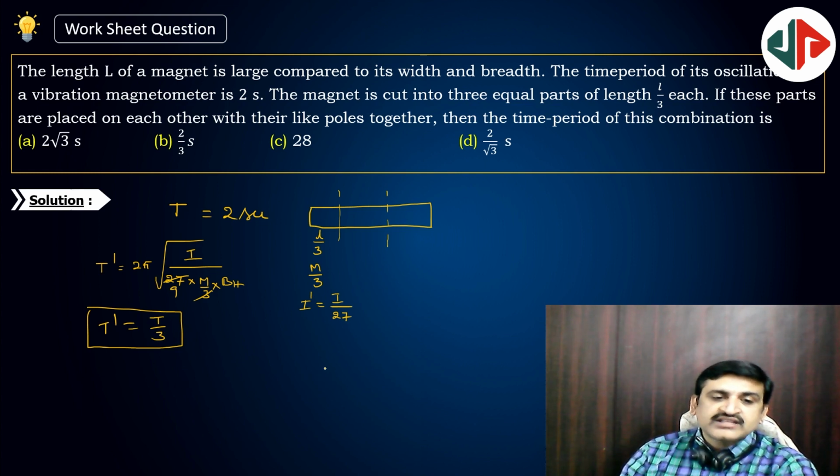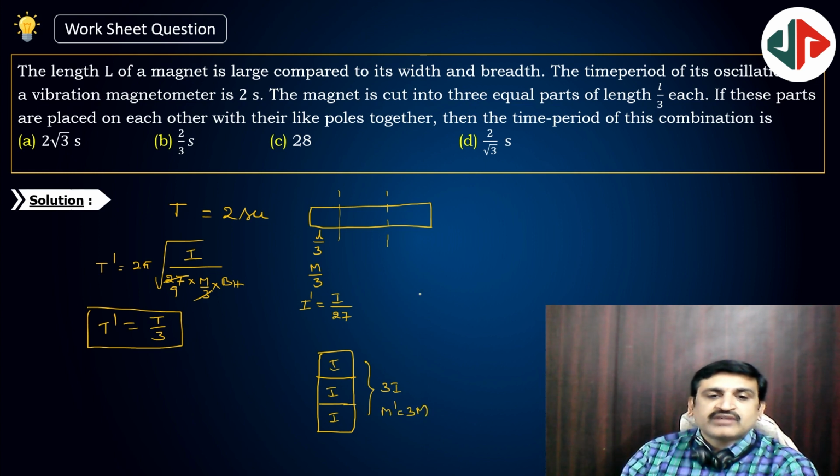If they are placed one over the other like this, what happens? Moment of inertia will be 3I if it is I, and moment is m dash equal to 3m.